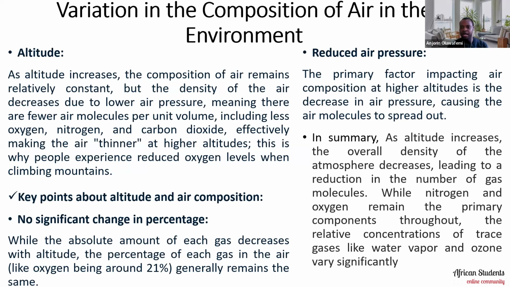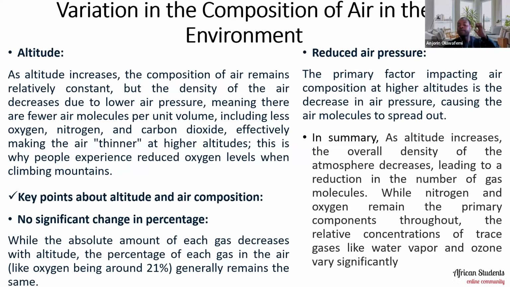In summary, as altitude increases, the overall density of the atmosphere decreases, leading to a reduction in the number of gas molecules. While nitrogen and oxygen remain the primary components throughout, the relative concentration of trace gases like water vapor and ozone varies significantly. So we need to understand this and take note of this.